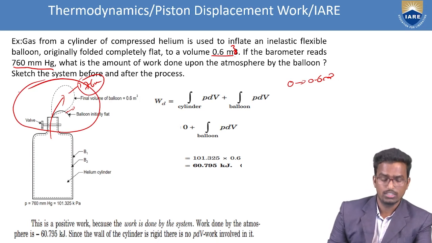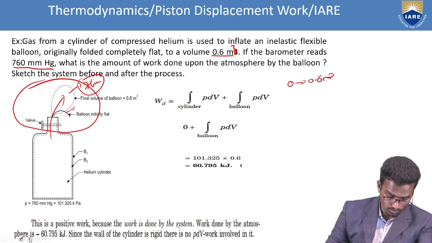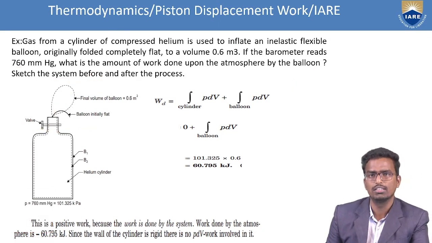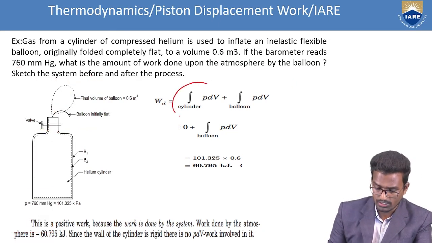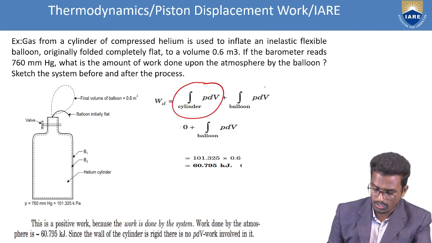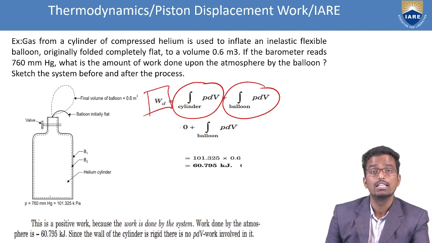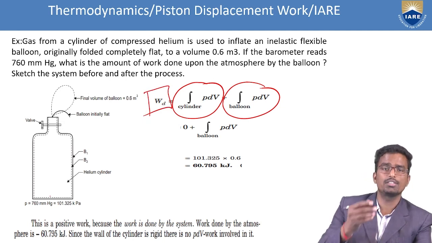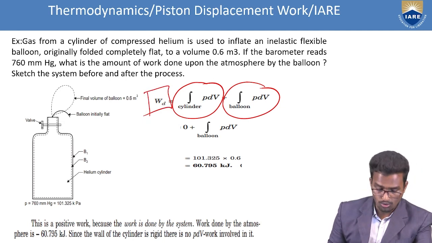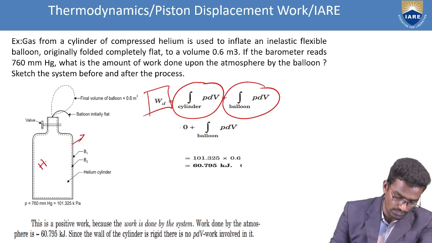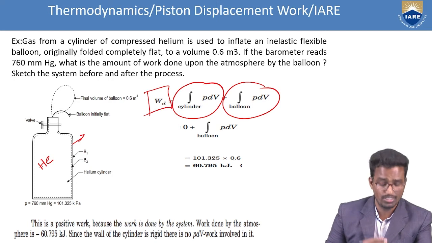Okay, the sketch. So this is the basic system, and now we know what the work is. So work done by cylinder plus work done by balloon is equal to the work done on the system. That means what is the system? It is the atmosphere. If you take this as a cylinder, inside the cylinder there is helium gas, already in compressed form.